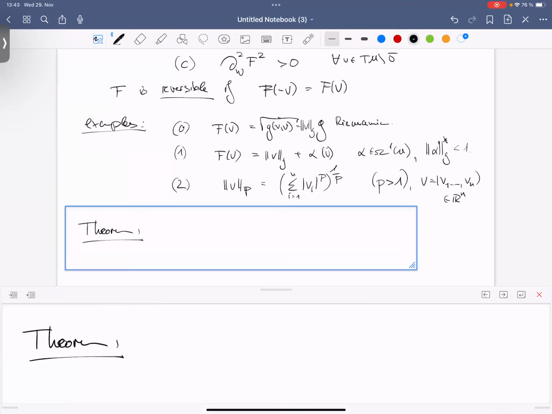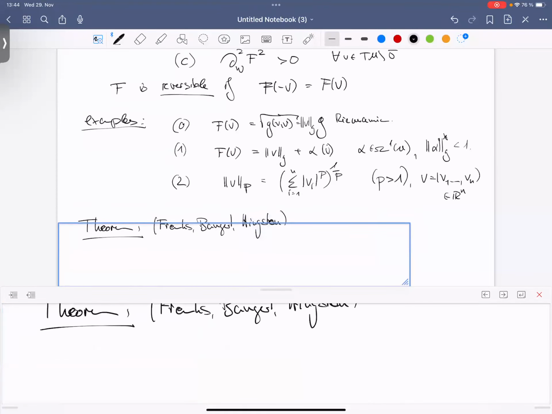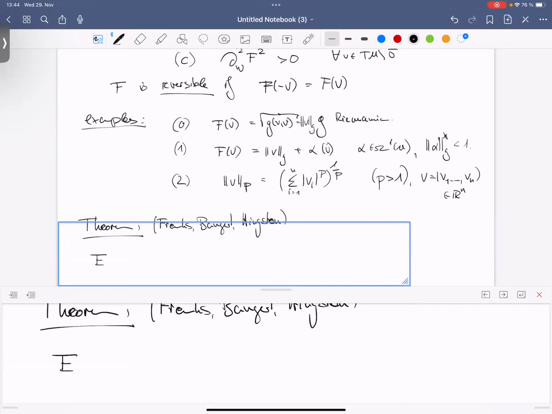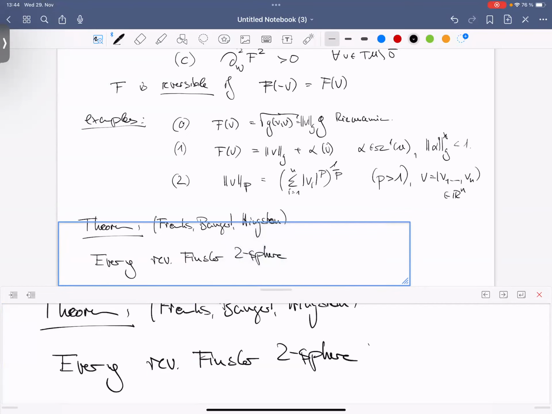It's the theorem of Franks, Bangert, and Hingston. It says every Riemannian, and then also, since the theorem is true for the reversible Finsler case, every reversible Finsler two-sphere has infinitely many closed geodesics.